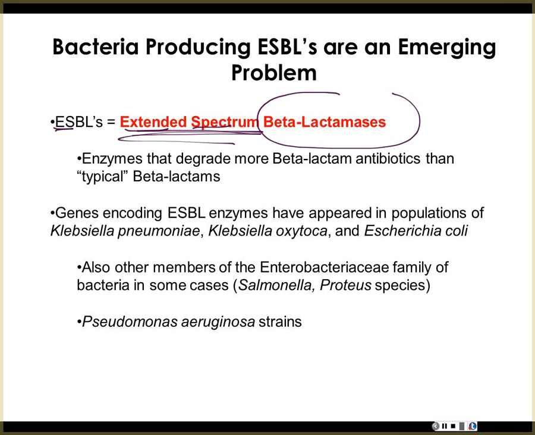So this is a growing problem because there are a whole bunch of microbes that cause infections, especially healthcare-acquired infections, that traditionally have been treated with beta-lactams. That's what you use to treat these infections. And now we have strains making these enzymes that destroy all those antibiotics, so they don't work anymore. There are ESBL-producing strains of Klebsiella pneumoniae, Klebsiella oxytoca, E. coli, Salmonella, Proteus, Pseudomonas.